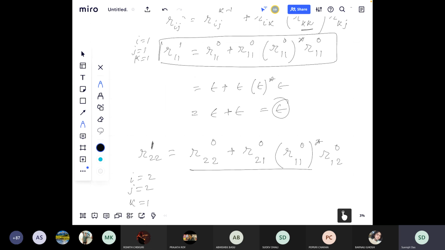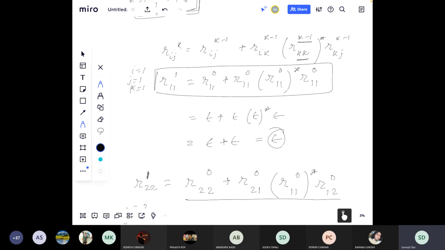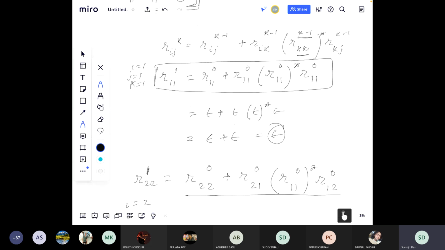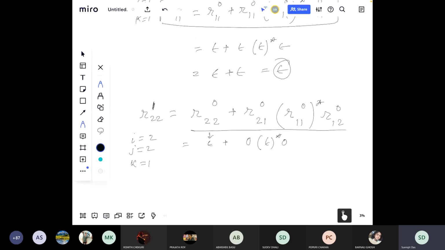Is it okay? So immediately we see that till now we have all the values in our zero values table. So what is R220? R220 we had epsilon. So it is epsilon plus what is R210? You had 0. What is R110? You had epsilon. And what is R120? You had 0. So it is epsilon plus 0, 0. R221.